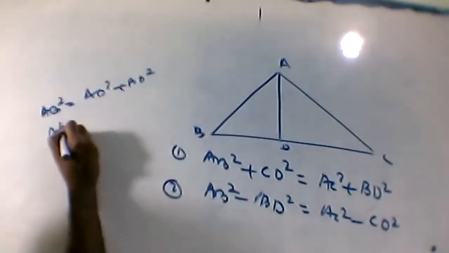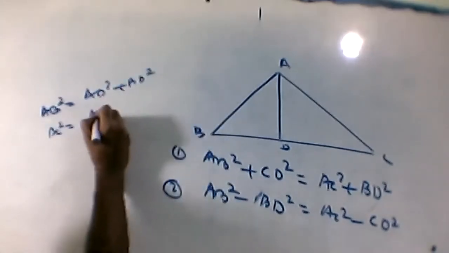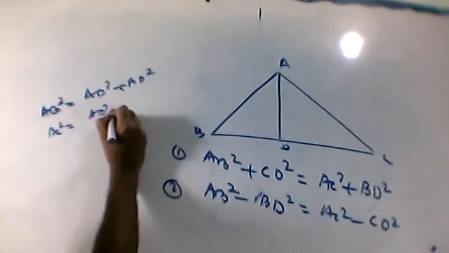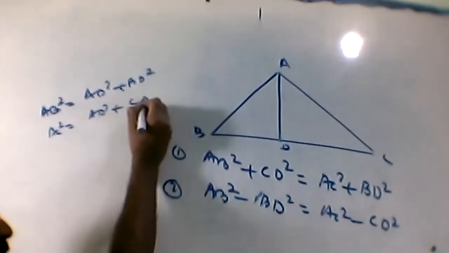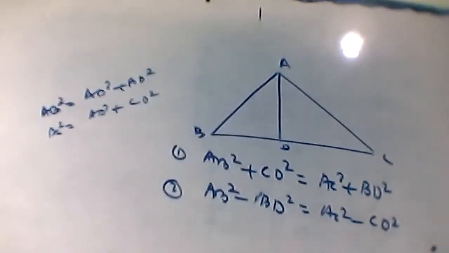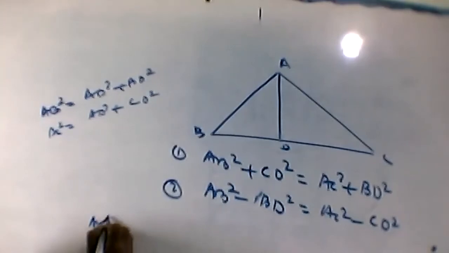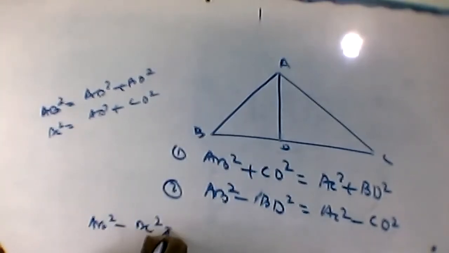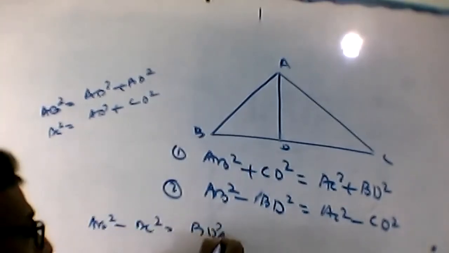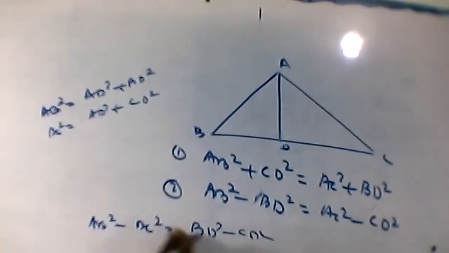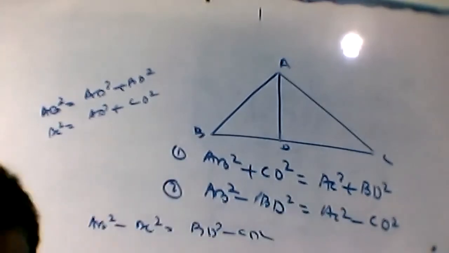AC square equals AD square plus CD square. Then we just subtract, since AD square is not in our picture. AB square minus AC square equals BD square minus CD square. CD coming here, AC going that side.